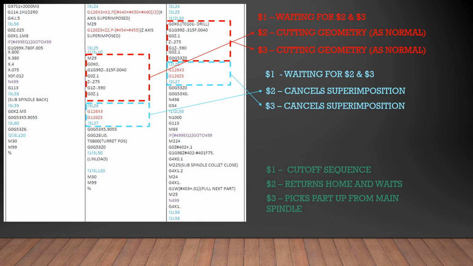It's just saying those are the two channels that are in communication with each other. And then a G126 X3, G126 Z3, and you see that in both programs. So we have the canceling of the synchronization in both programs. And once they're canceled, they're independent. Now we can continue on doing other items.